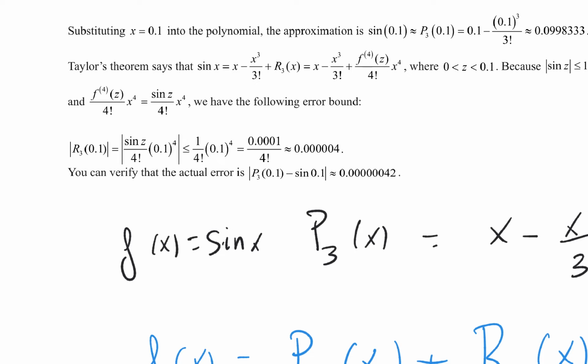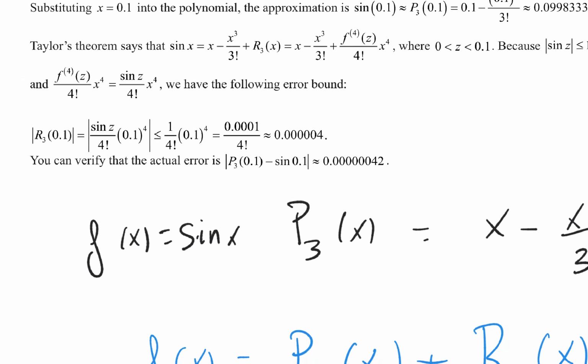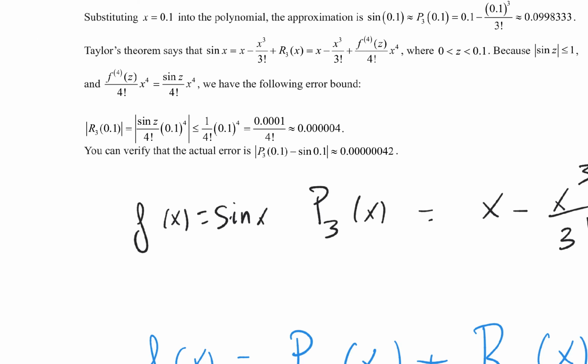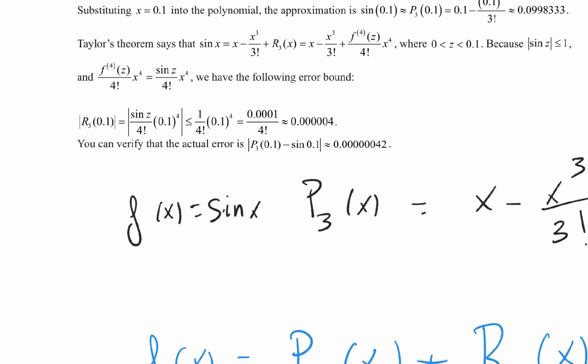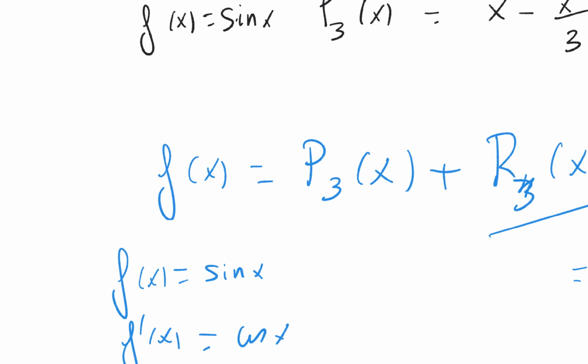So I hope this will help you understand how this theorem of the remainder works, the remainder that you need to add to the Maclaurin polynomial to produce the correct result. This one is the error, this one is the polynomial, and the error in this case for a third degree polynomial is very small.